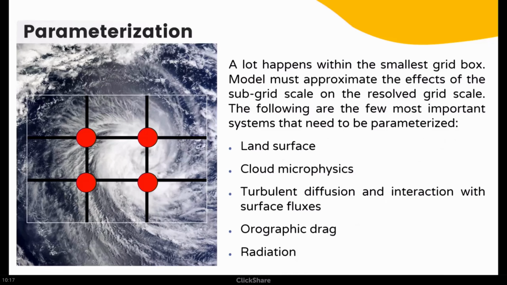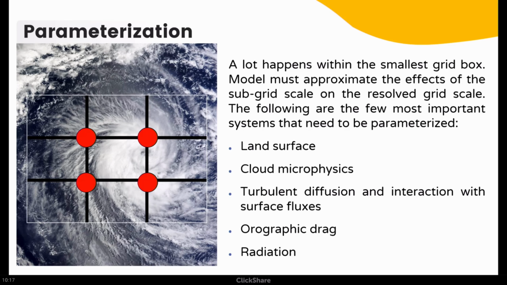Now one important issue with modeling like NWP is how do you resolve the subgrid scale processes which actually occur within a particular grid box, because we will be calculating our equations at these grid points, but a lot of things happen within the smallest grid box, and the model must approximate the effects of the subgrid scale on the resolved grid scale.